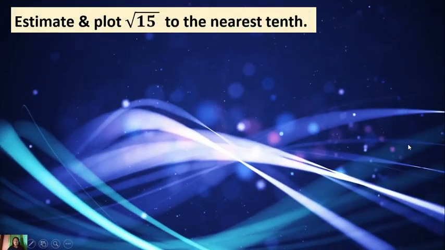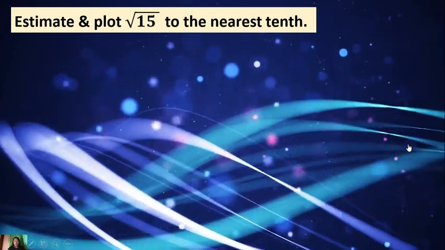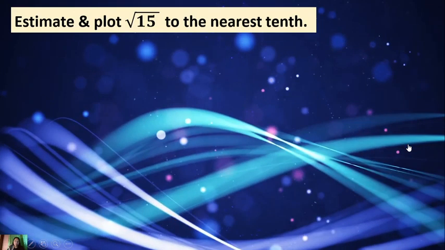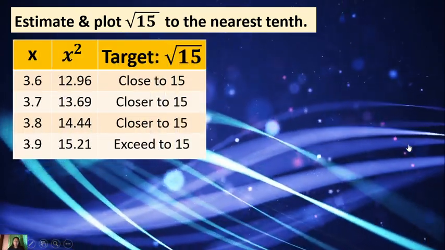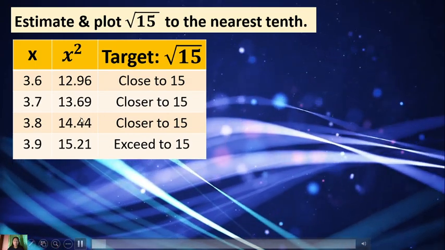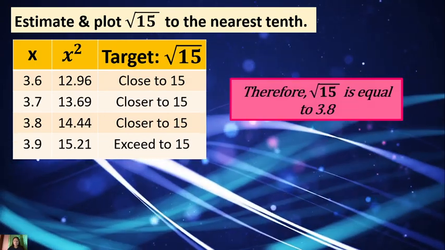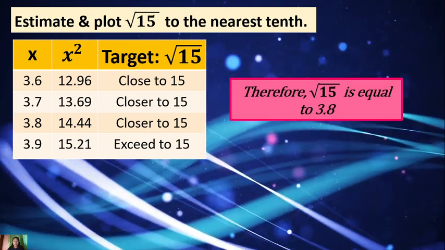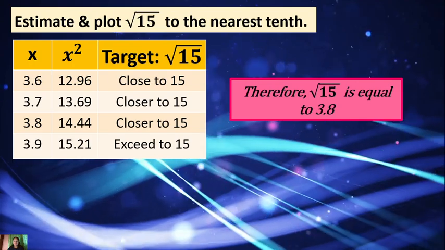Okay. So, let's say, doon sa previous example natin, square root of 15. You're going to estimate and plot square root of 15 to the nearest tenth. Yan. So, anong naging sagot natin kanina? 14.44. Ngayon, that is equivalent to 3.8 as the estimated principal root of square root of 15.